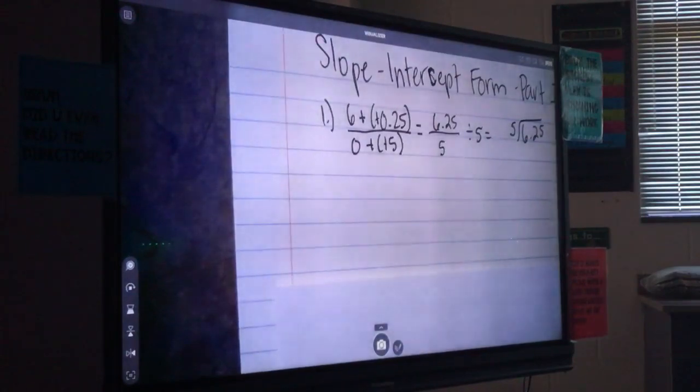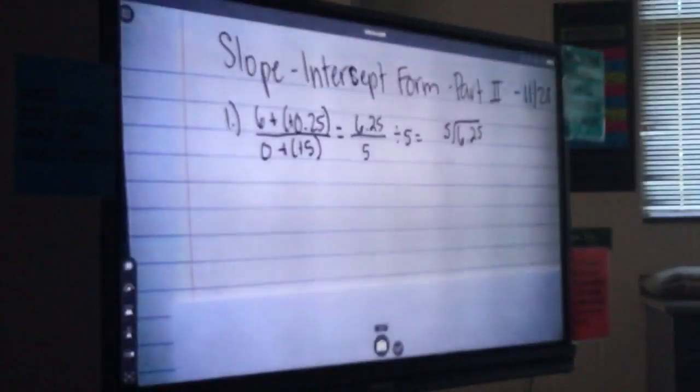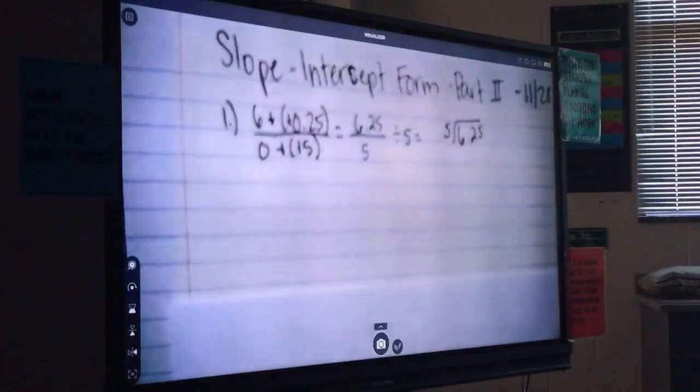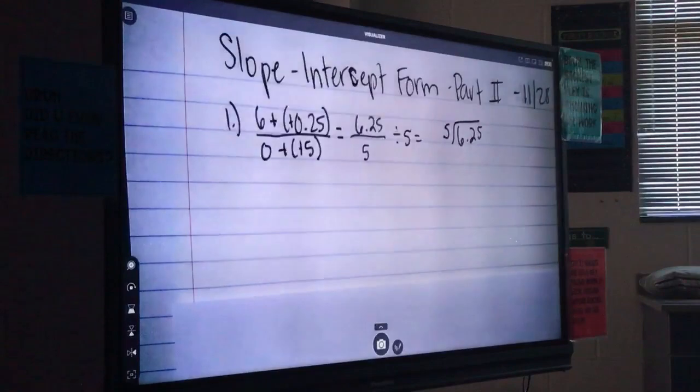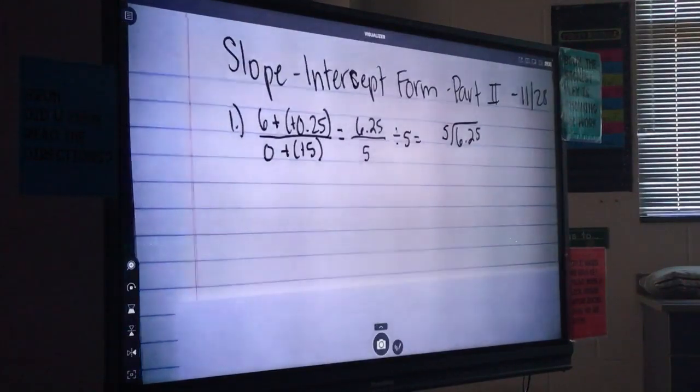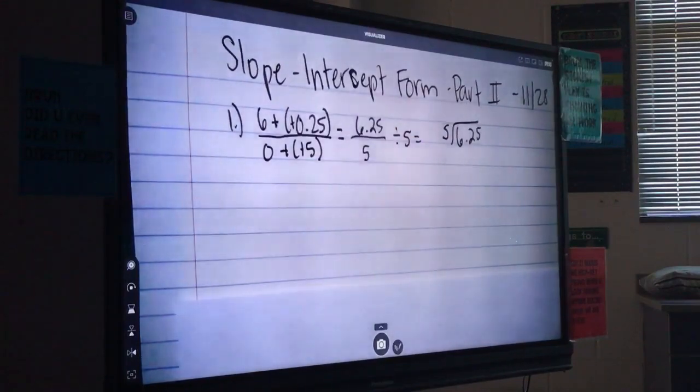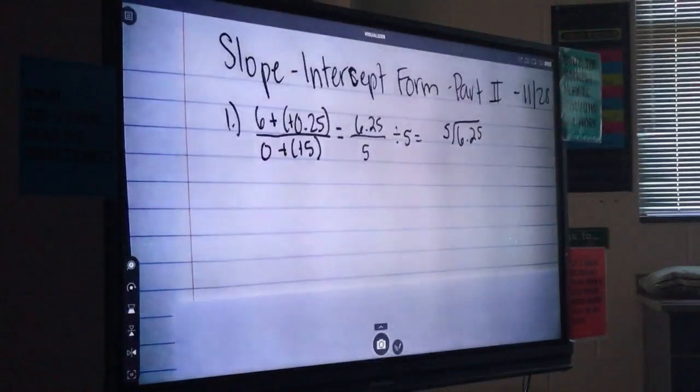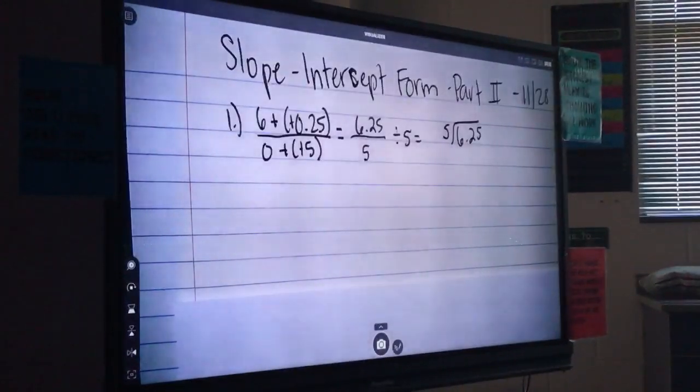Stand up when you have your answer. And yes, you have to do this in your notebook because there's clearly not enough room to do this on the page. Here, watch. Come get some calculators.